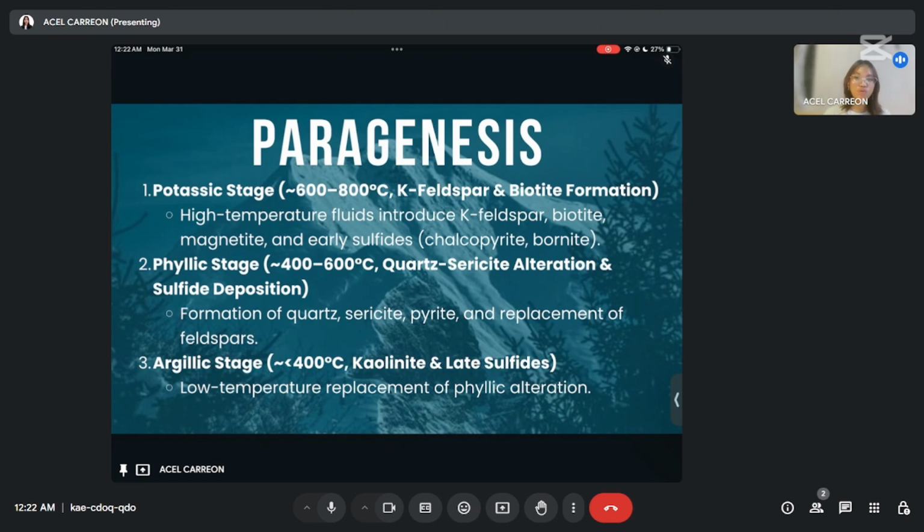The phyllic stage occurs at approximately 400 to 600 degrees Celsius, where there is an alteration to quartz and sericite and the deposition of sulfide minerals. And the argillic stage forms at lower temperature, less than 400 degrees Celsius, where the formation of kaolinite and late sulfide occurs.